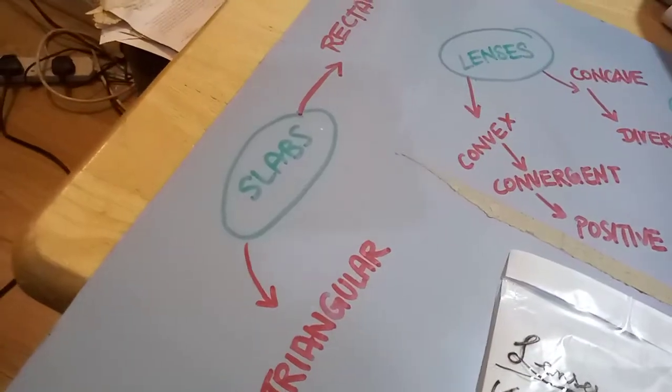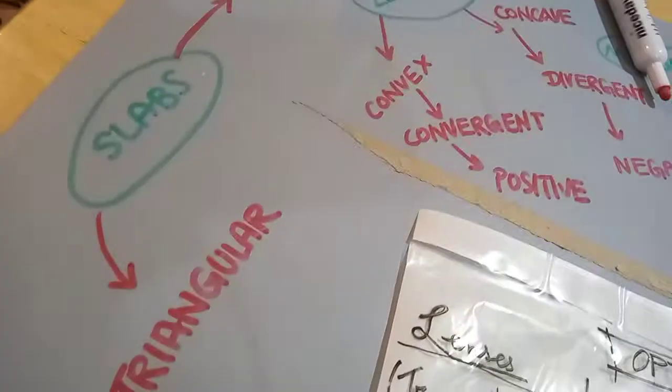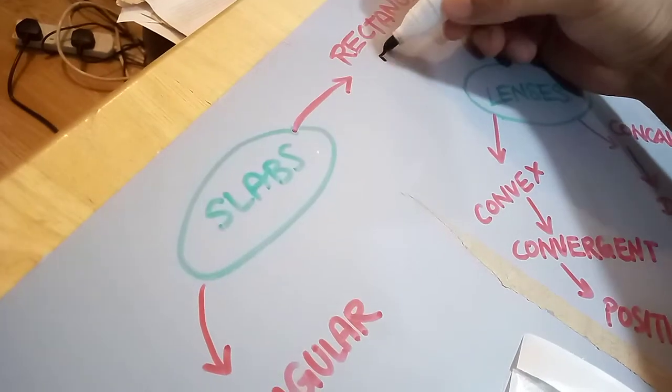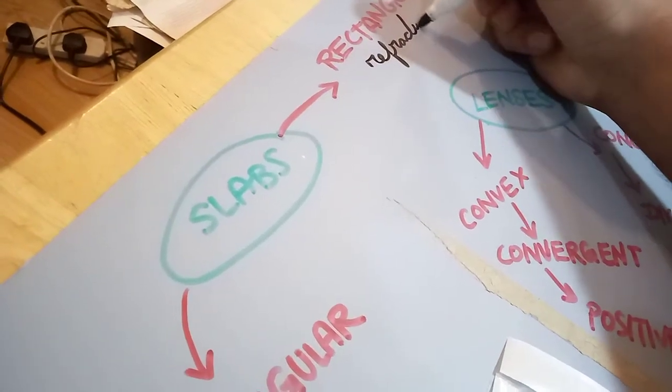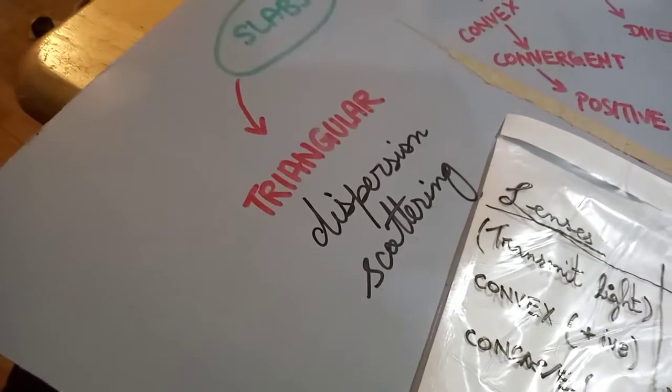Rectangular slabs are used for refraction experiments, whereas triangular ones are used for Newtonian dispersion or scattering experimental observations and demonstrations of these concepts, i.e. the Herschel experiment or Newtonian dispersion.